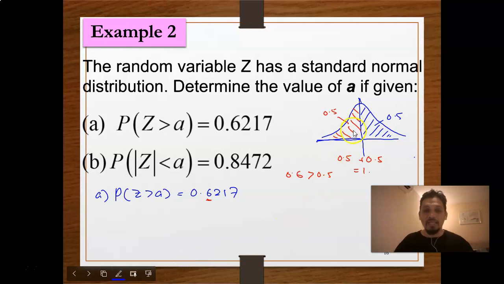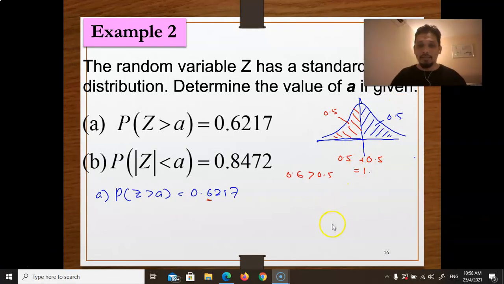This means that this probability goes across the border, so it is 0.5 plus part of the probability on the left side.